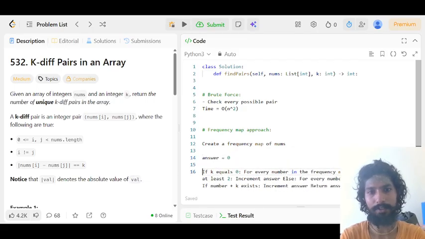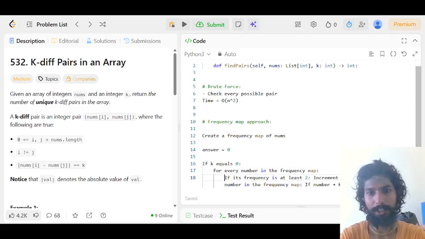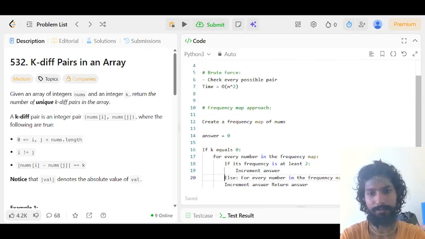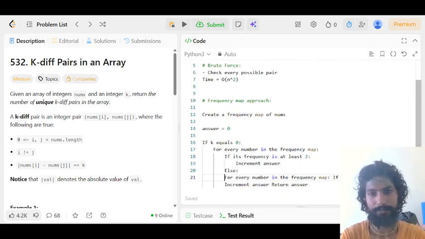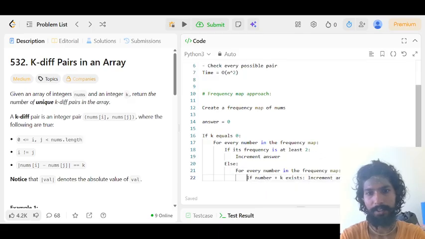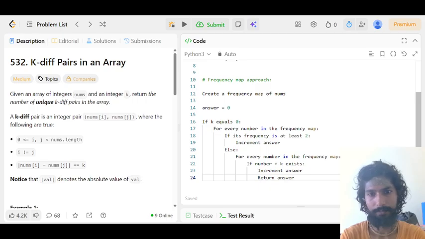If k equals 0, then for every number in the frequency map, if its frequency is at least 2, then increment answer. Else, for every number in the frequency map, if number plus k exists, increment answer. And finally, we return answer.